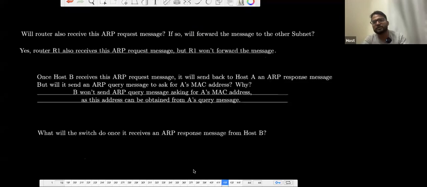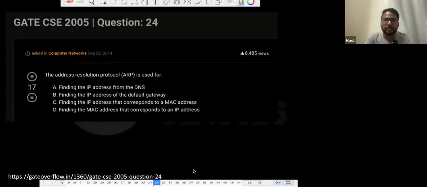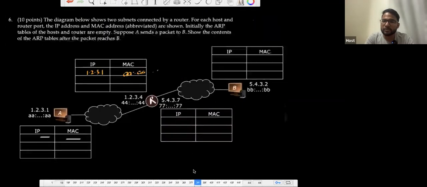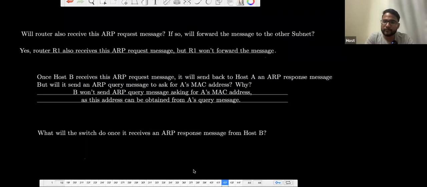Now, in the previous year questions, I have checked, and there are only 2-3 easy questions. Why would the switch discard? What will the switch do once it receives the ARP response message from B?